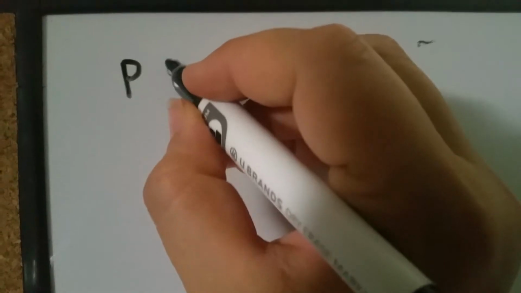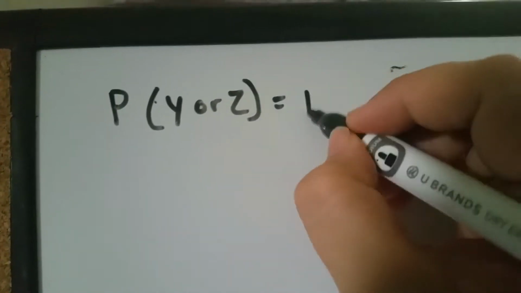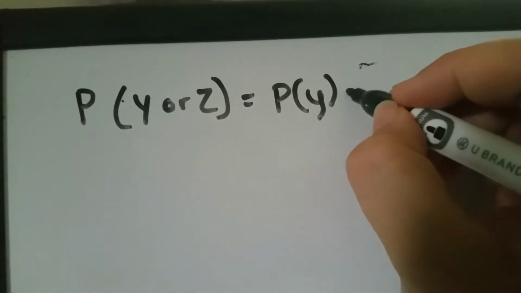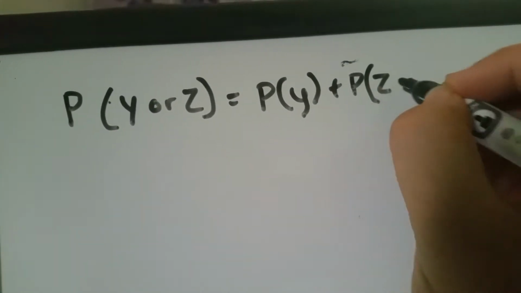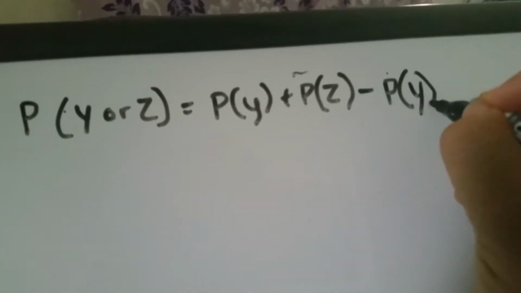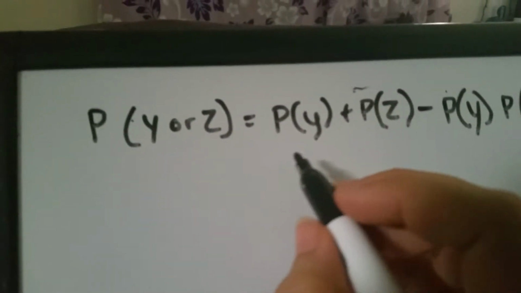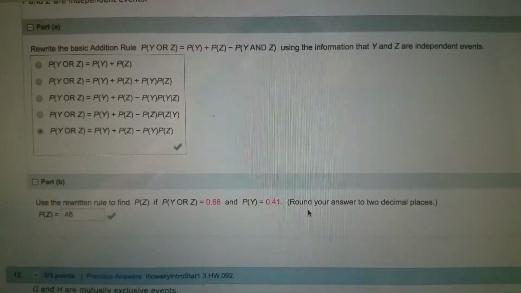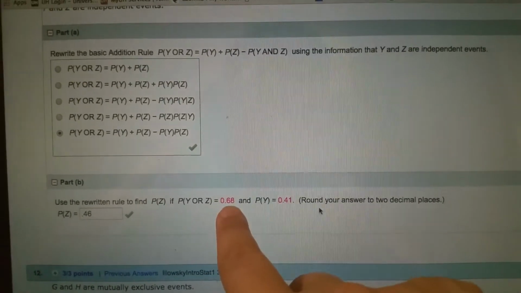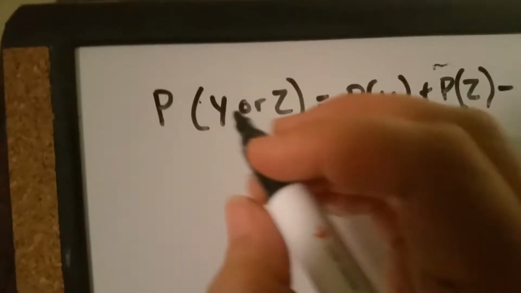We've got probability of Y or Z equals the probability of Y plus the probability of Z minus the probability of Y and the probability of Z, because again they're independent events. Okay, so what do we know based on this here? We know the probability of Y or Z is 0.68, and we know that the probability of Y is 0.41. So let's put that down.